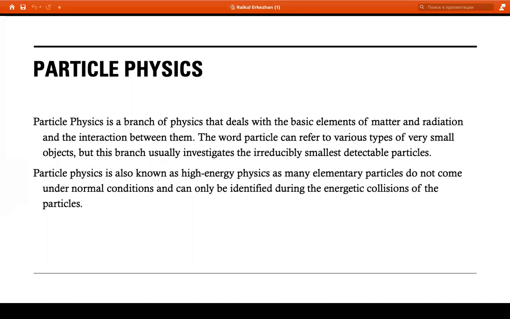Particle physics is also known as high energy physics, as many elementary particles can only be produced during the energetic collision of particles.